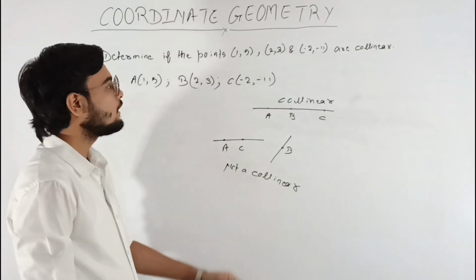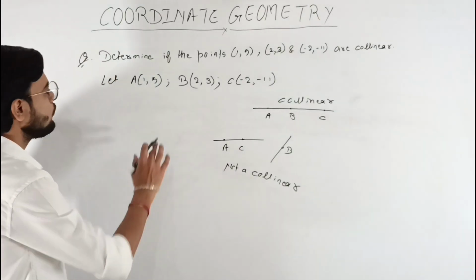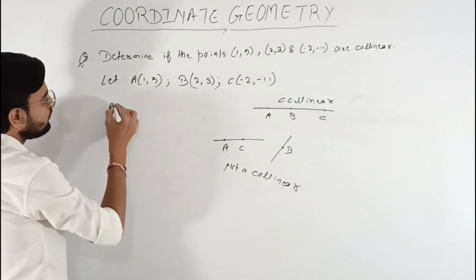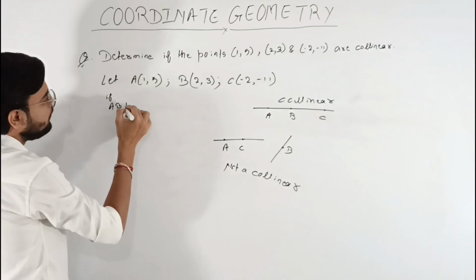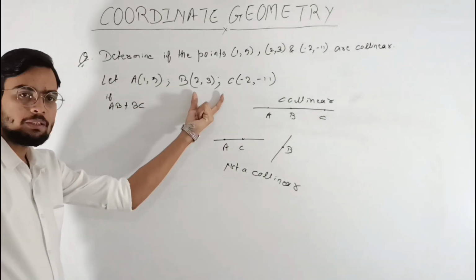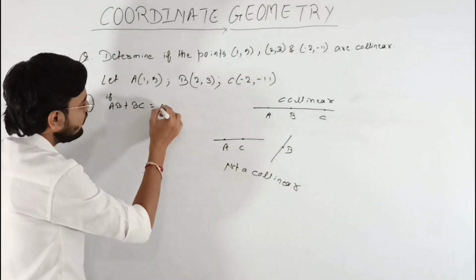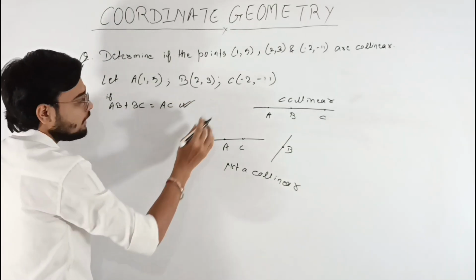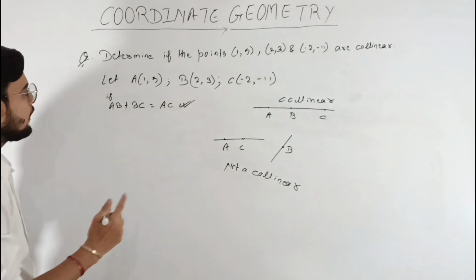Now look how we check collinear or not. For collinear, we check if AB plus BC, which means distance between A and B plus distance between B and C, is equal to distance between AC, then in this case these 3 points are collinear.